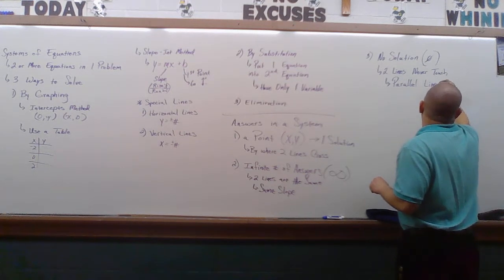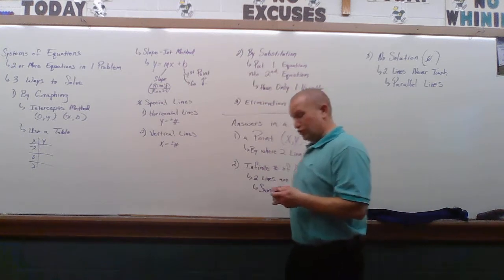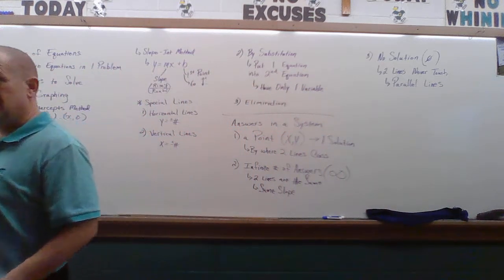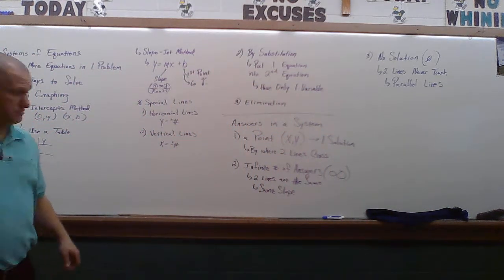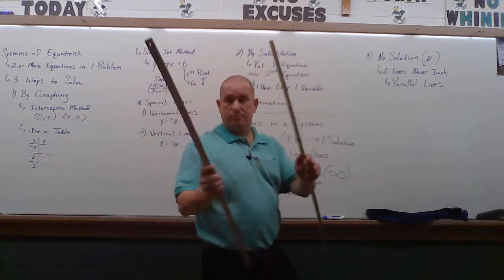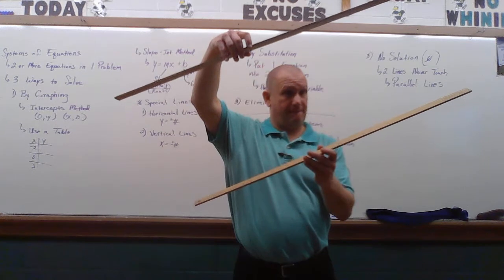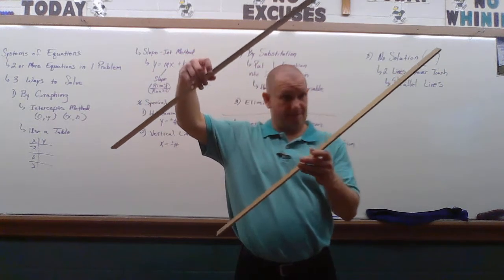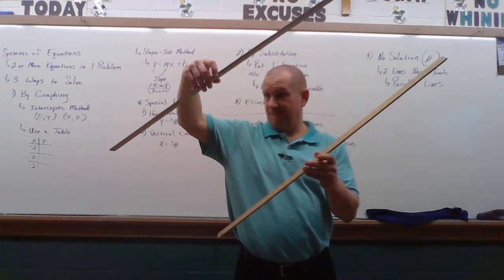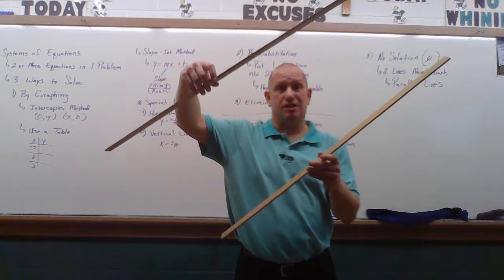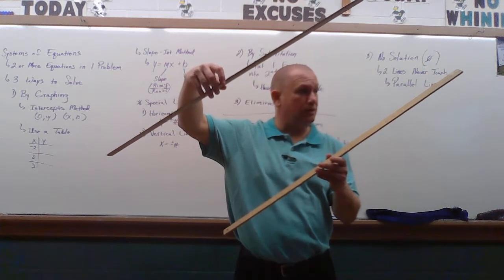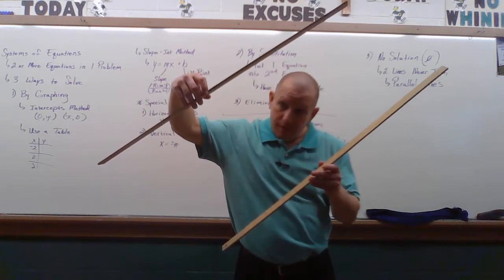Now, here's a question. What's true about their slopes? They both be different. If they're never going to touch, my slopes also have to what? Never be on the same line.